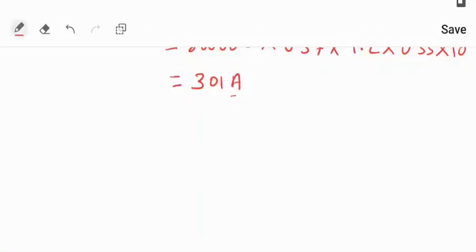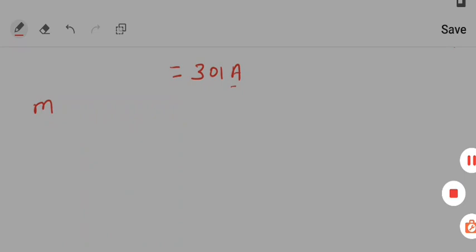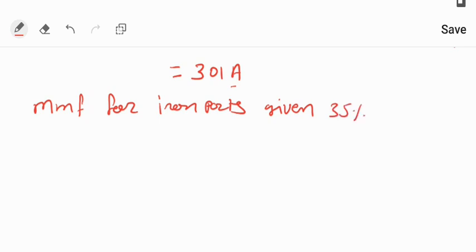For calculating it, we have the data given in the example, which states that the MMF for iron parts is given as 35% of the air gap MMF.